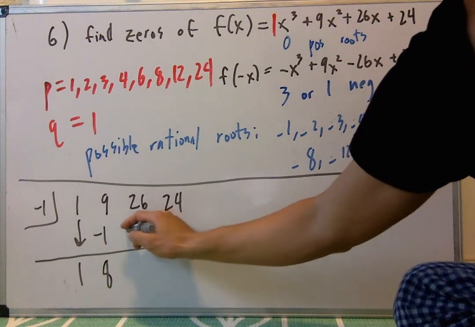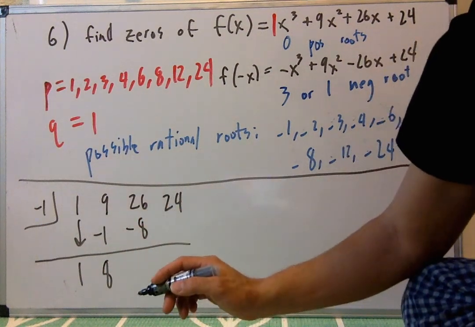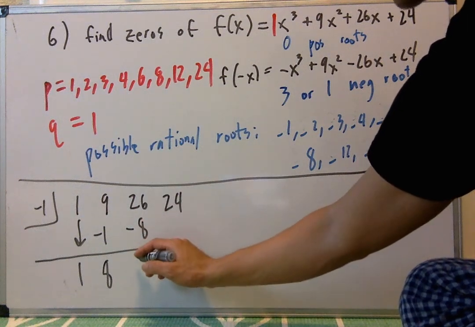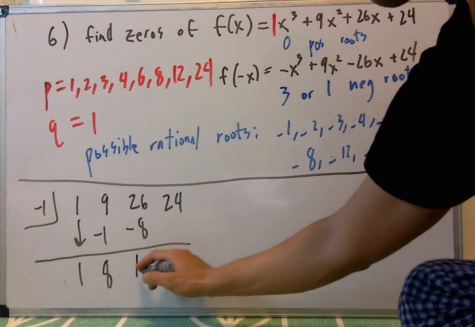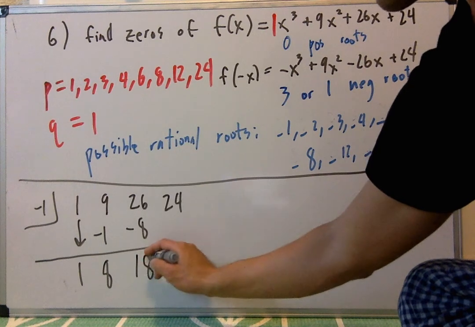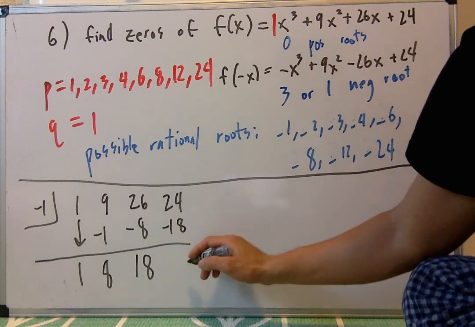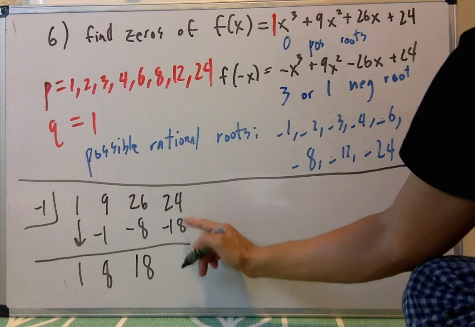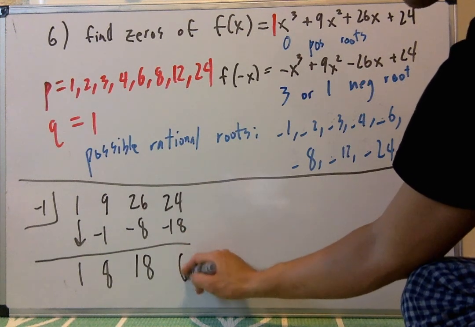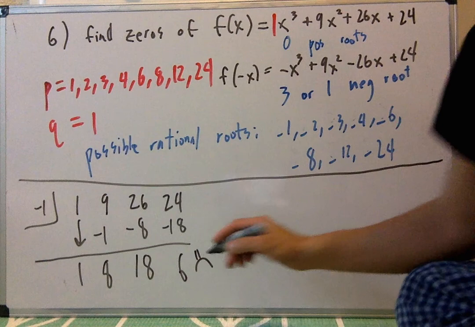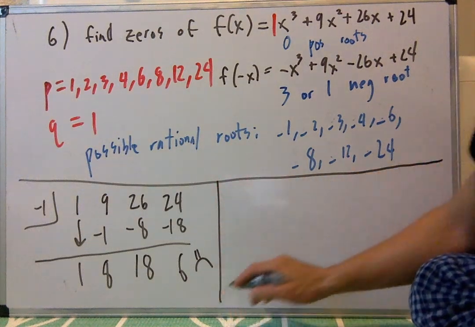Negative 1 times 8 is negative 8. 26 minus 8 is 18. Negative 1 times 18 is negative 18. And that's not 0. So 24 minus 18 is 6. So that didn't work. All right, let's try the next one.